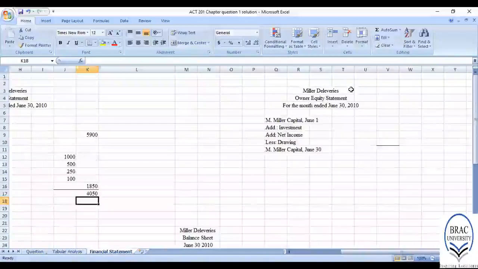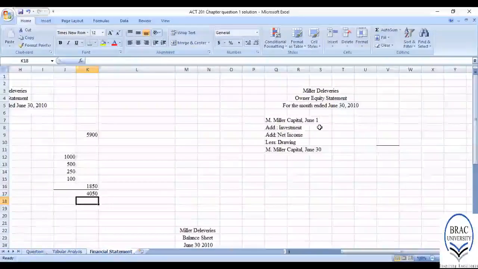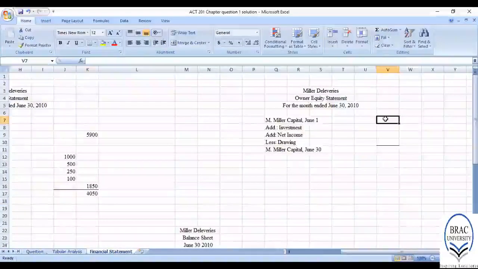At the beginning, we have M. Miller Capital on June 1. As we know, on June 1, Miller didn't have any investment or equity in the company, so we can write a 0 over here.